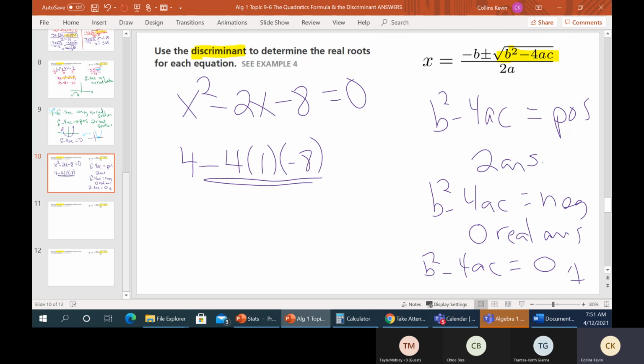So that means it's going to be plus. So it's plus 32 plus 4 is going to be plus 36. But the point is, it's already going to be plus. You didn't even have to really come up with the 36. You can, but you didn't have to. So again, since this is a positive 36, we're going to have 2 answers.